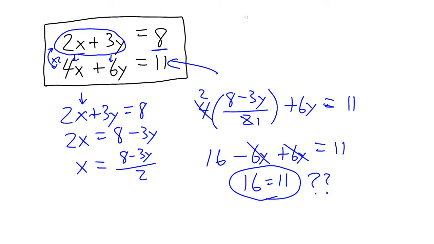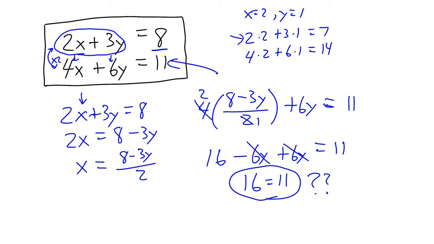And you can try that if you don't believe me. So let's say x is 2 and y is 1, just picking a couple values here. Well, 2 times 2 plus 3 times 1 is equal to 7. And sure enough, 4 times 2 plus 6 times 1 is equal to 14. So clearly, if this thing equals 7, then this thing's going to equal 14, because all we did was double the left-hand side. Obviously, we're going to double the right-hand side, right?